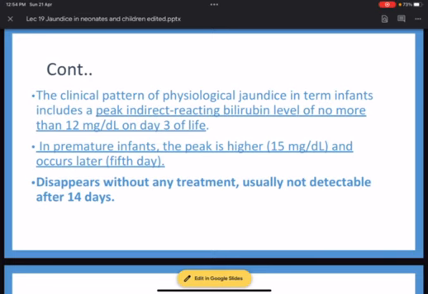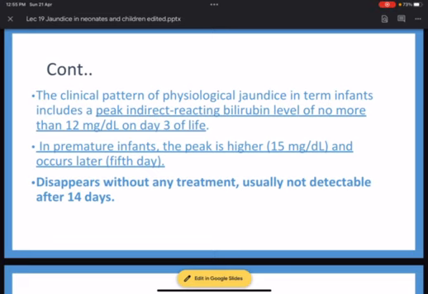Also, if you are evaluating a term baby and their peak of jaundice, which we mentioned happens at around day 3 of life, exceeds 13 milligram per deciliter, this is unlikely to be physiological jaundice, because we said in term babies the peak is around 12 milligram at most.